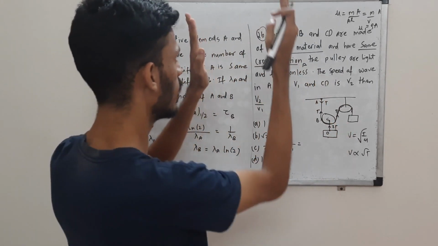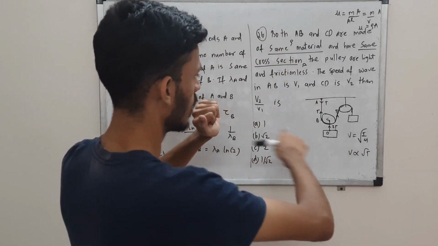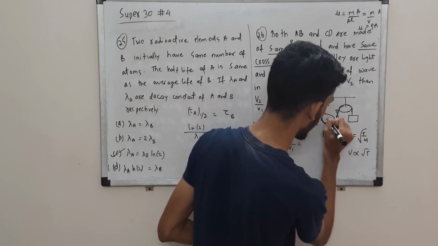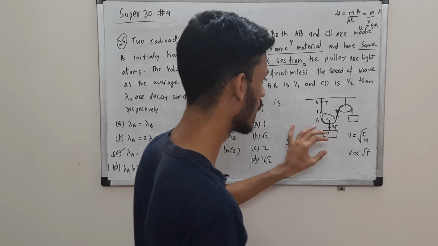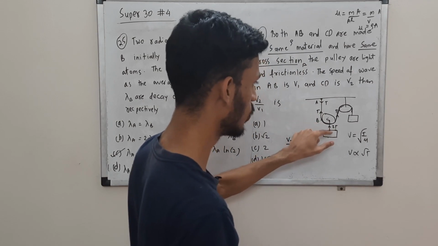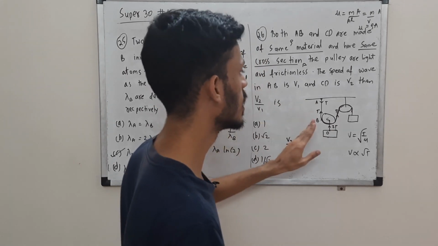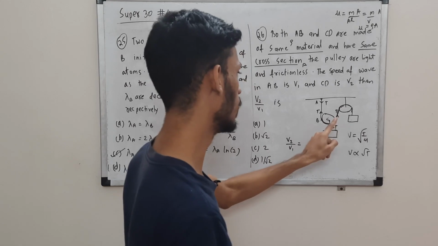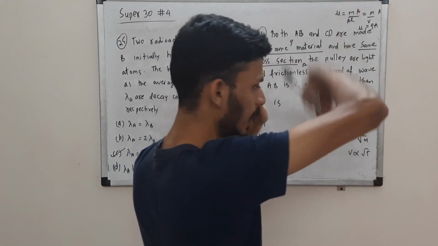T and T in the upward direction, so 2T in the downward direction. For the block, it is 2T in the upward direction. So in the string CD, the tension is 2T, and in the string AB, it is T. I hope the logic is clear. Same string, same tension, and since this is T and T, it will be 2T.